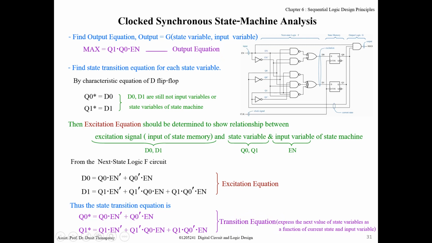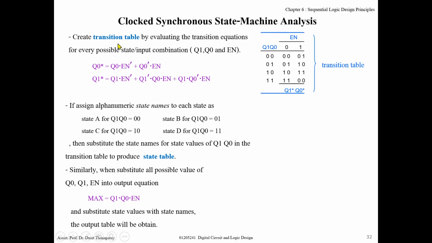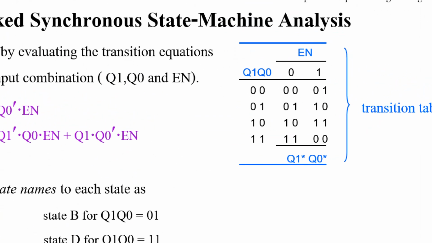And for more confidence, normally from the output equation and transition equation, you write down a transition table to show the numerical value of the state and next state.